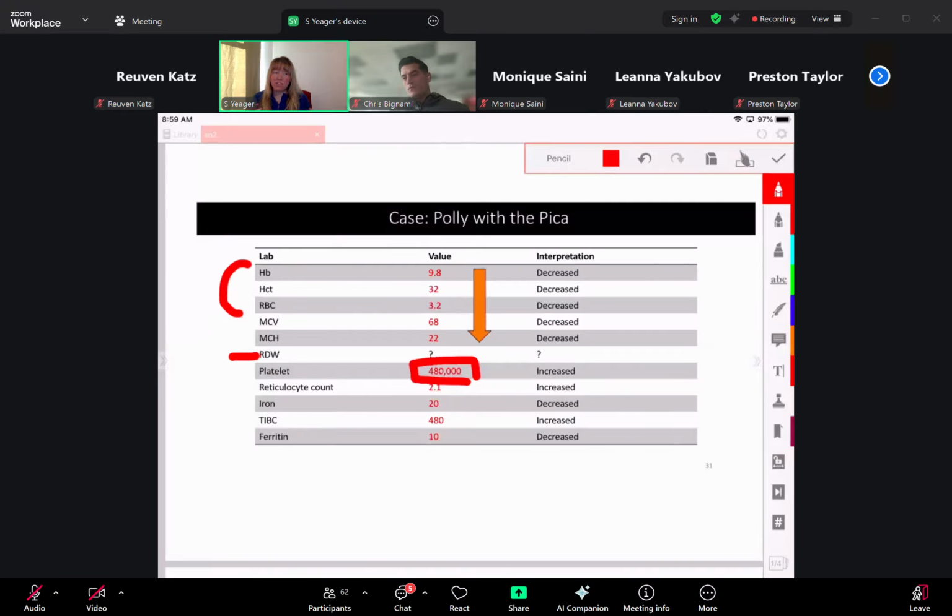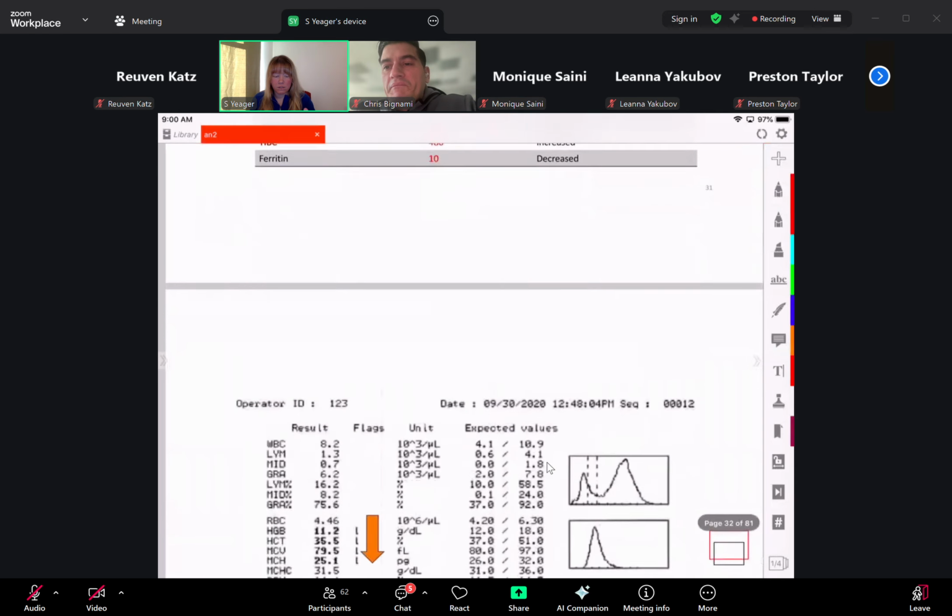But platelets, just like ESR and CRP, which you may not have been introduced to a lot this early in semester two, are acute phase reactants. Those are labs that just go up with inflammation. Platelets are also acute phase reactants. So this pattern is pretty standard.